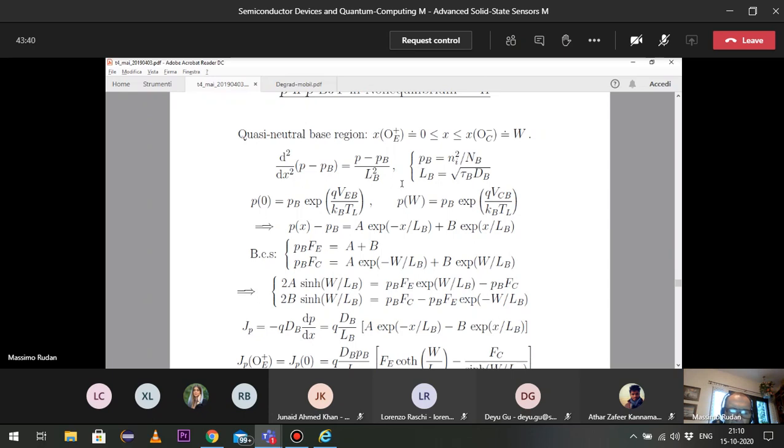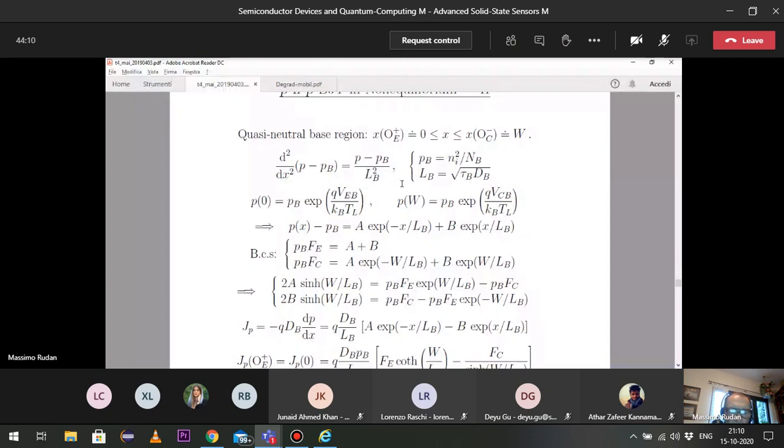If instead we multiply the first equation of the boundary condition by the exponential of minus W over LB, and then we subtract again the two equations, we obtain an expression for B, and this expression again has this hyperbolic sine of W over LB, and then the other term on the right.